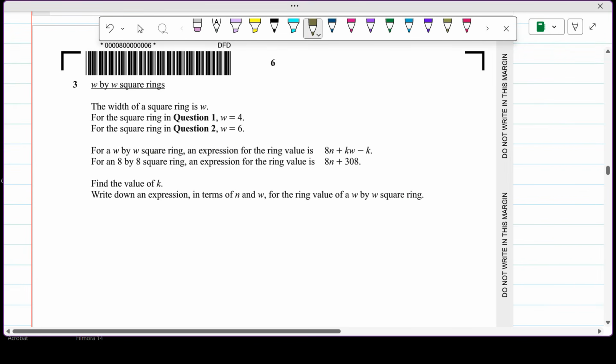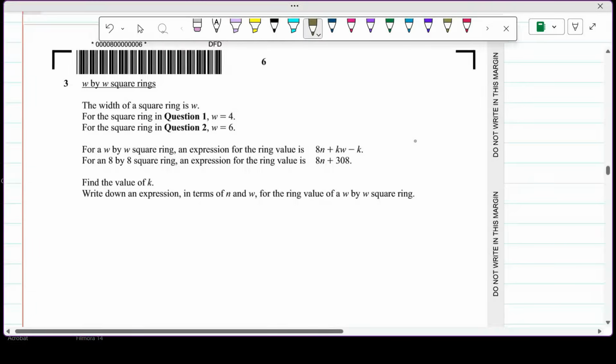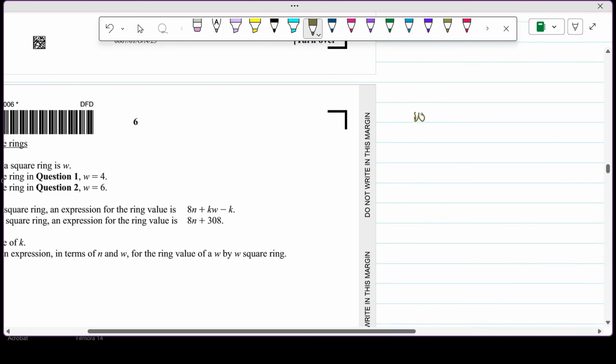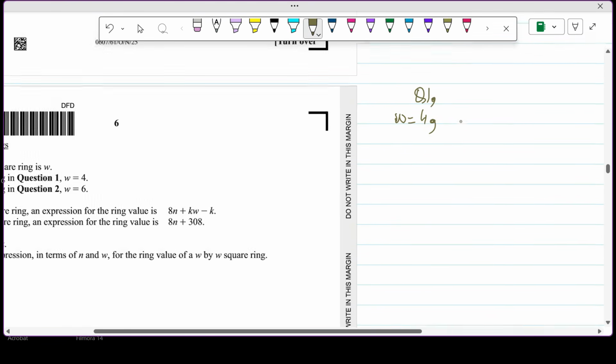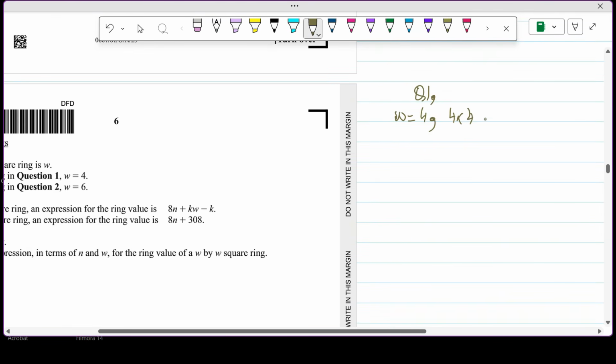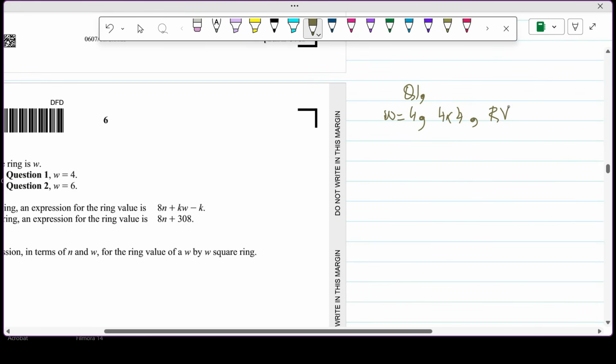For the W by W square ring, the expression for the ring value is 8n plus kW minus k, where for the 8 by 8 square ring, the expression for the ring value is 8n plus 308. For a width of 4 from question number 1, we have a 4 by 4 square and the ring value was 8n plus 132.